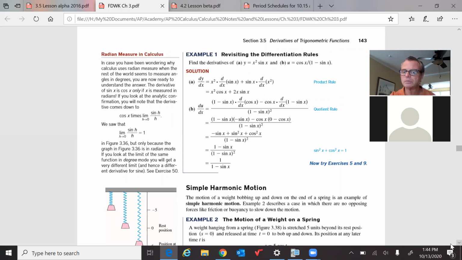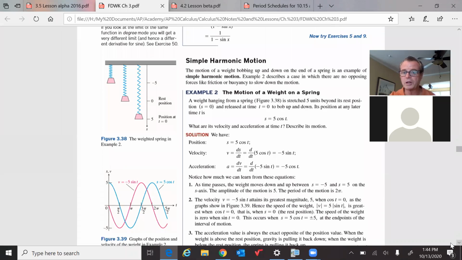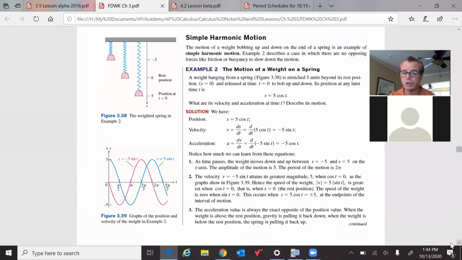Now this, I told you, 3.5 is not on your quiz, but we're going back to parametric motion, which is on the quiz. So see if this helps you. So you have this weight hanging from a spring. Here's the picture. And here's what this weight is doing. It's going back and forth from 5 to -5, 5 to -5.